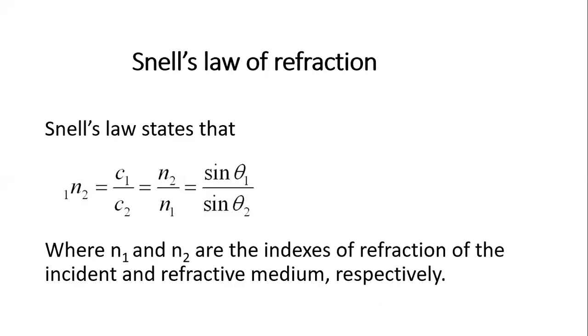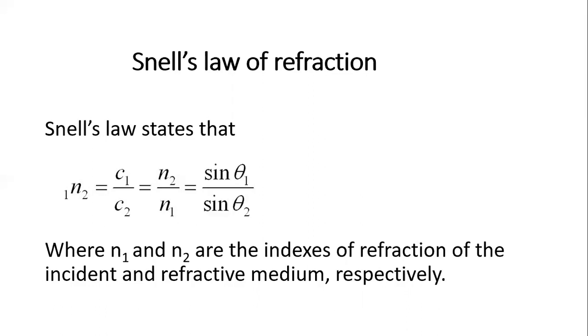It gives you the relationship between refractive indices of two media and the angle of incidence and angle of refraction. Once you know the angle of refraction and angle of incidence, you can calculate the refractive index, right?